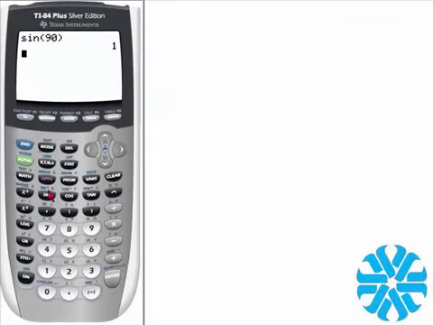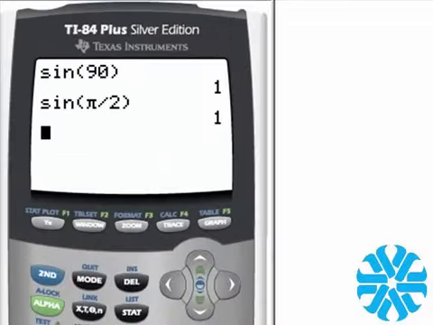And let's compute now the sine of pi divided by 2 radians, and we should get the same answer. And indeed we do.